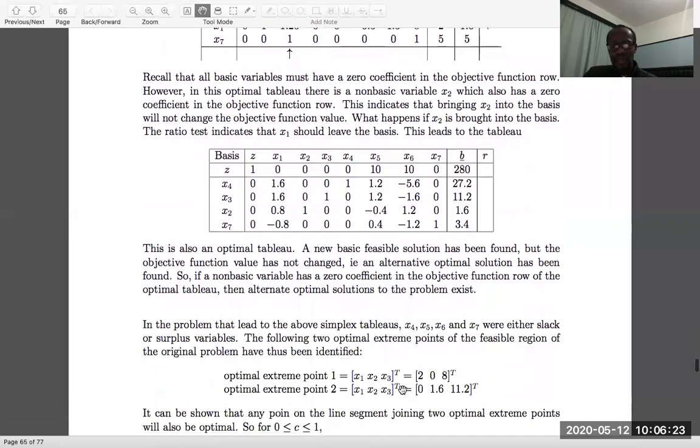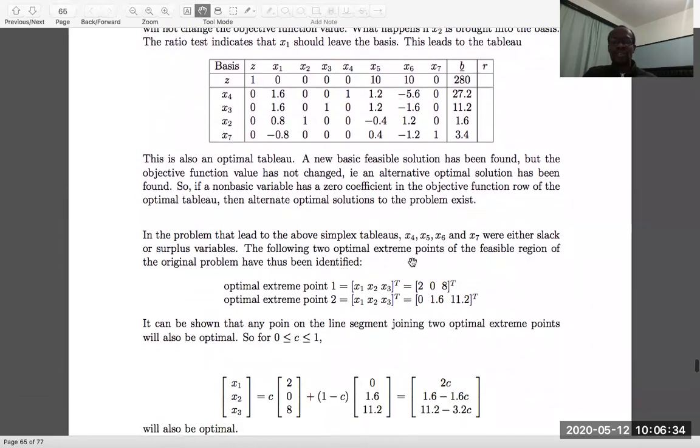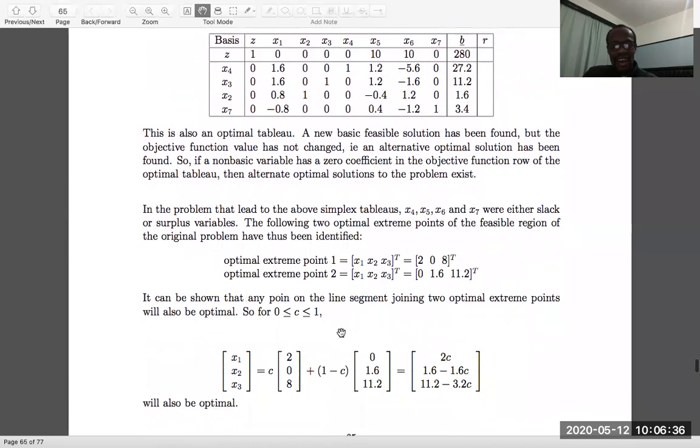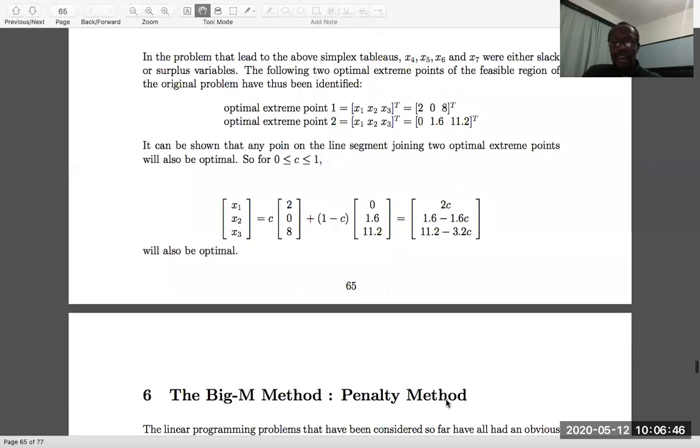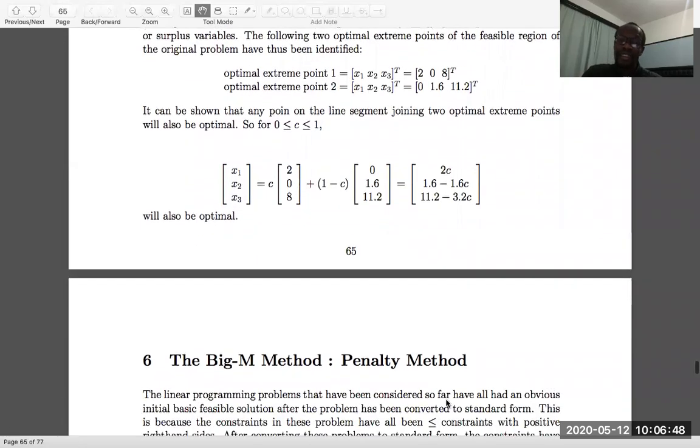So these are the initial solution numbers, and I can write this as a combination of my solutions, right? I can say 2, 0, 8 plus 1 minus this, which is 0, 1.6, and that, and simplify this. So that's what an optimal alternate solution looks like.